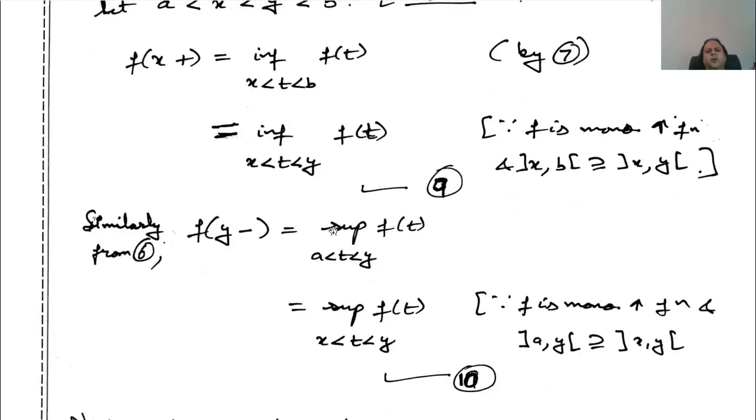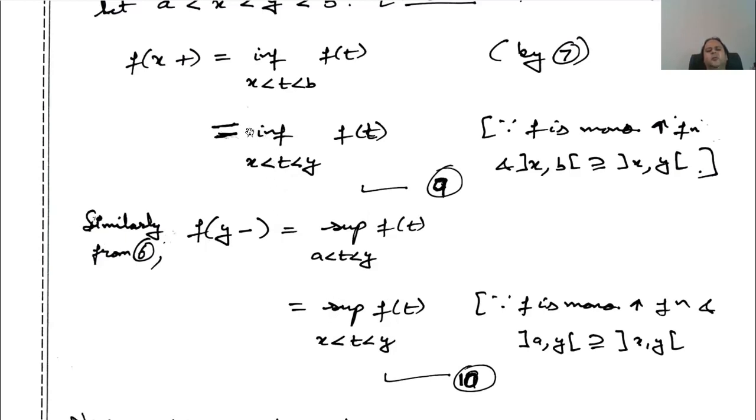So we get these two conditions. Now we just have to compare: we are considering the infimum of f of t, where t belongs to the open interval x y, and here also t belongs to the open interval x y. So we are considering the infimum of f of t and the supremum of f of t. As we know, the infimum of a set is less than or equal to the supremum of a set.